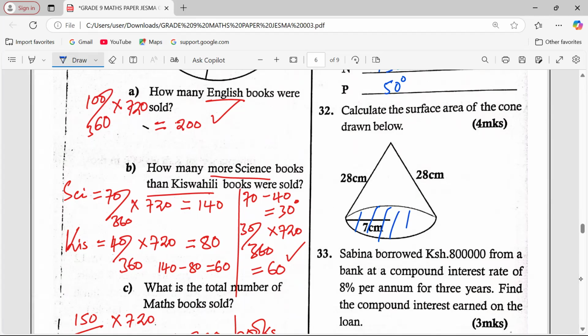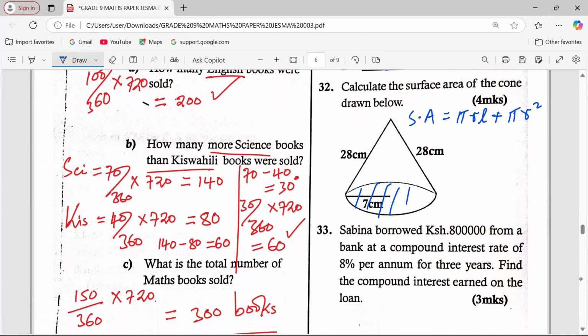So the surface area of a cone is going to be given by the curved surface, which is given by pi r L. Then we add the circular base, which will be given by pi r squared, being a circle.